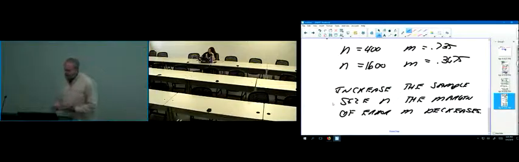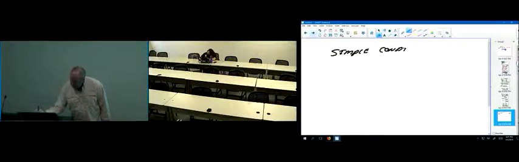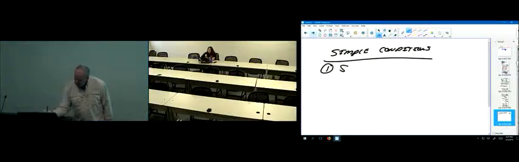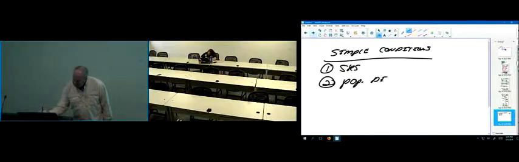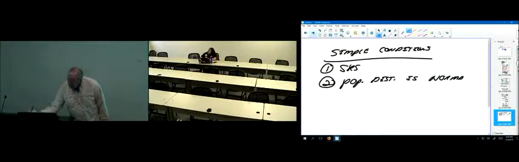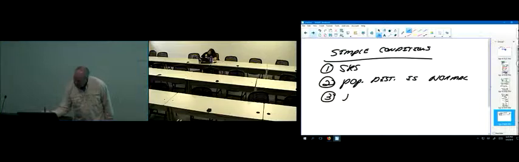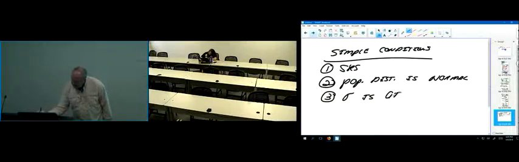All right, one more time. In this chapter, there are 2 things you've got to be able to do. I want to remind you of these simple conditions because there's nothing stopping me from calculating your confidence interval once I have the numbers. We always need a simple random sample. We need our population distribution to be normal. And I always give you number 3. Sigma is given.